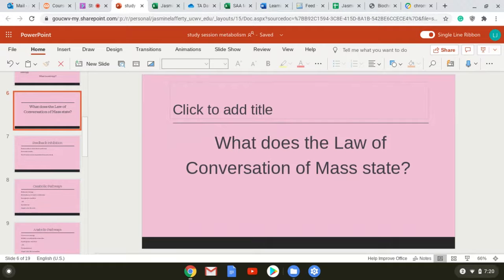All right. What is the law of conservation of mass? All right, so law of conservation of mass, think about it like the sister to the first law of thermodynamics.